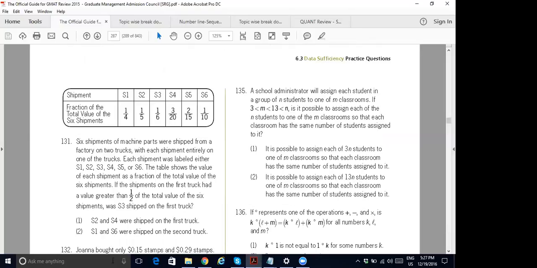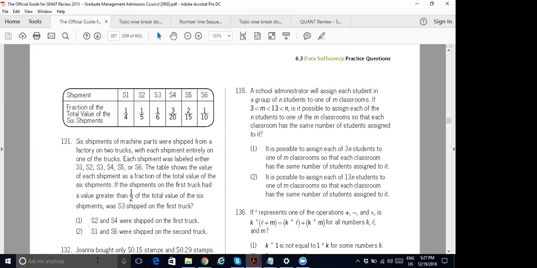How will you do question number 131? We have to basically show how we can get the value on the first truck. It has to be greater than half of the value of all six shipments.